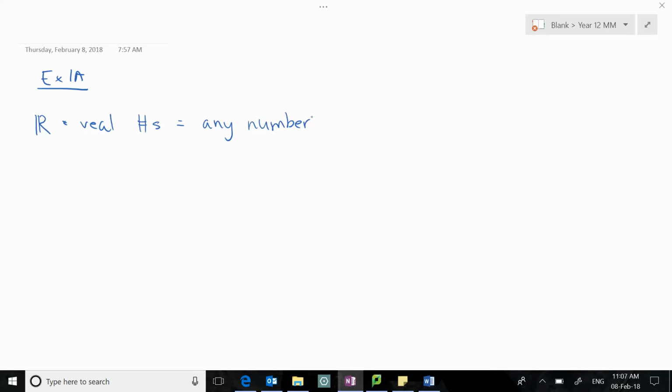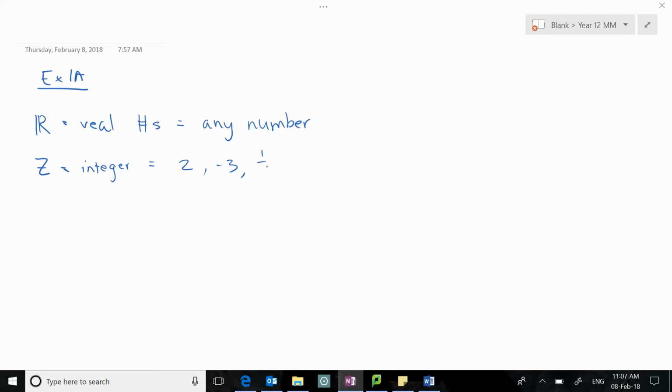What is Z? Can I please have Daniel? What does Z represent? Integers. What is an integer? Can I please have Aiden? Fantastic. Give me an example of a whole number that is positive or negative. 2 is positive, so this is an integer. -3, that's an integer.